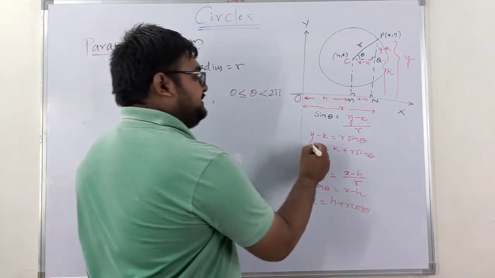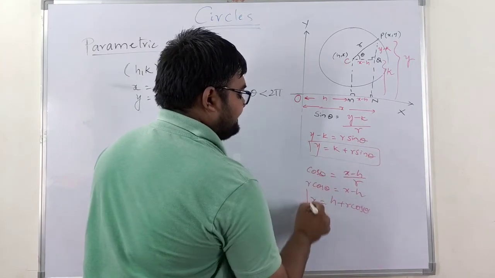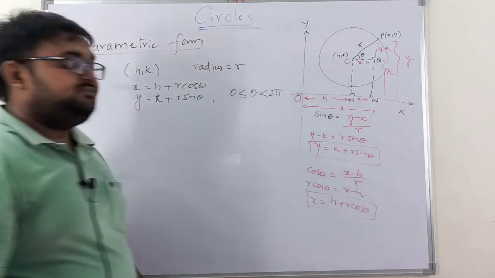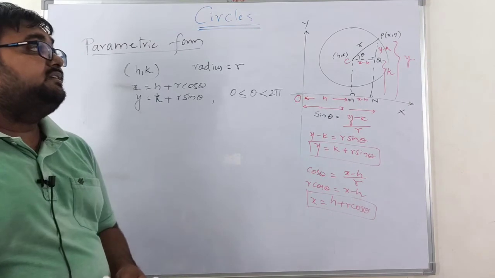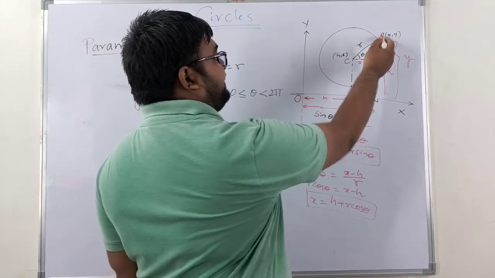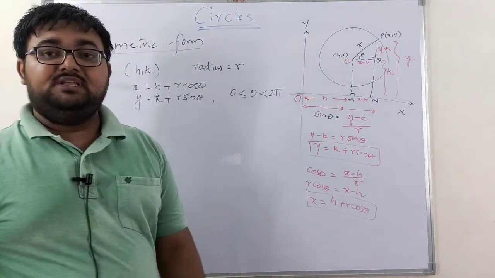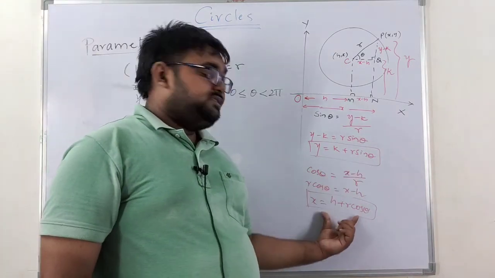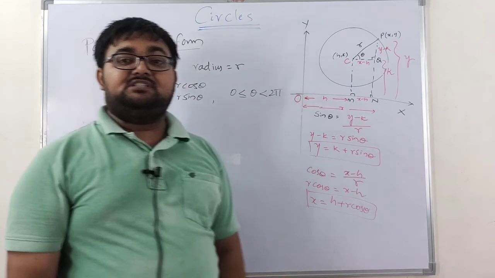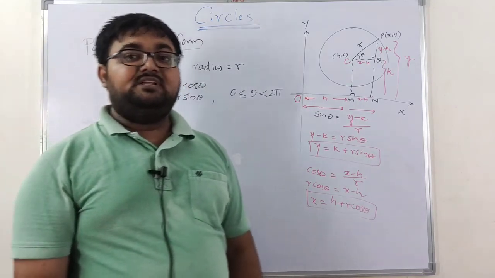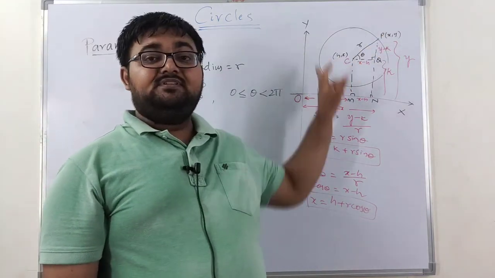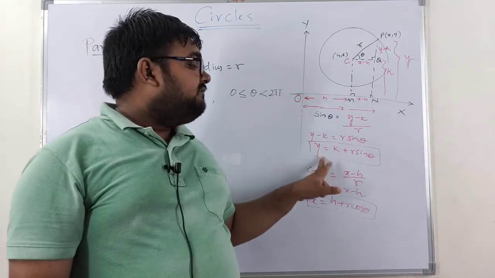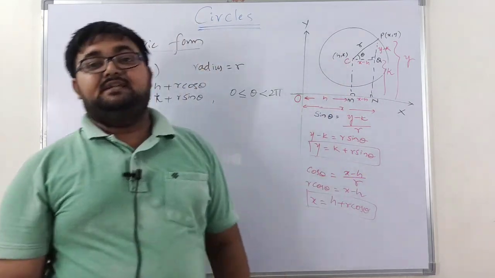Now these 2 coordinates, x is the x coordinate and y is the y coordinate of the variable point P which is moving on the circle. The equation x is equal to h plus r cos theta defines the x coordinate of this point which is moving on the circle, and y is nothing but k plus r sin theta, right?